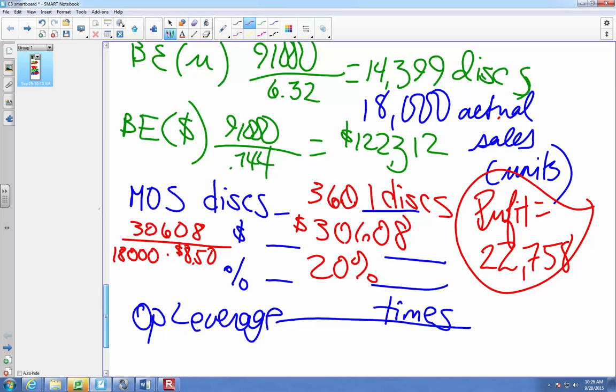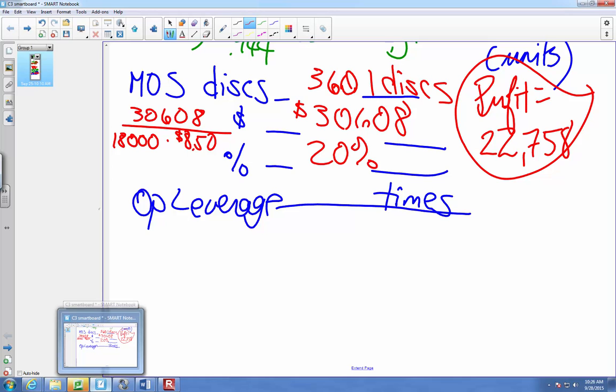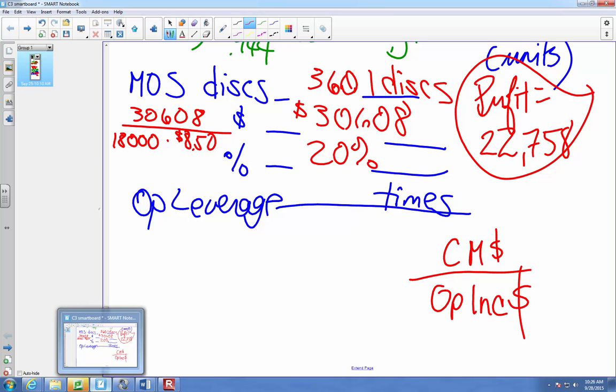So to calculate it, what's the calculation? I mean, it doesn't matter if you do it at the actual level or the break-even level, it's the same number over and over and over.